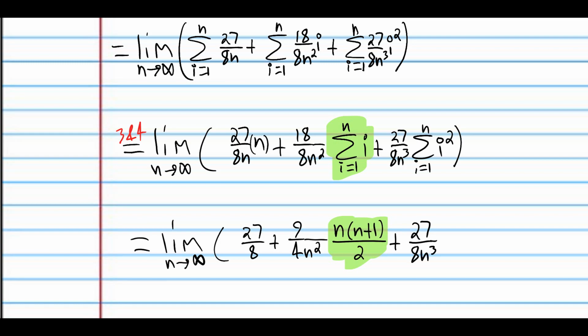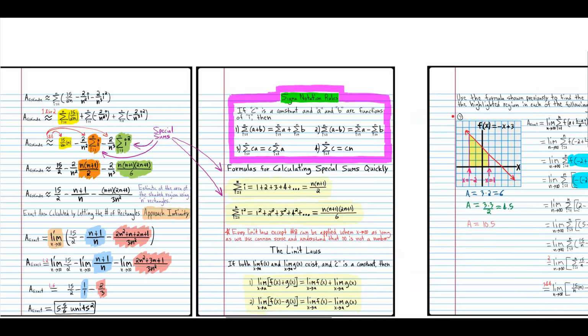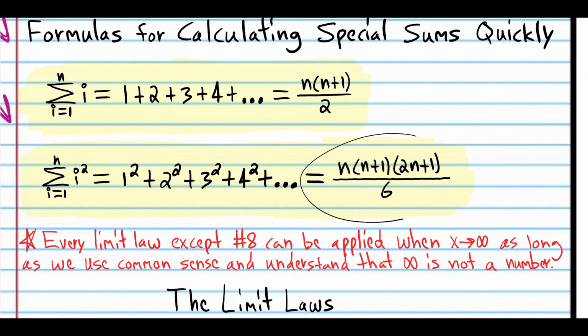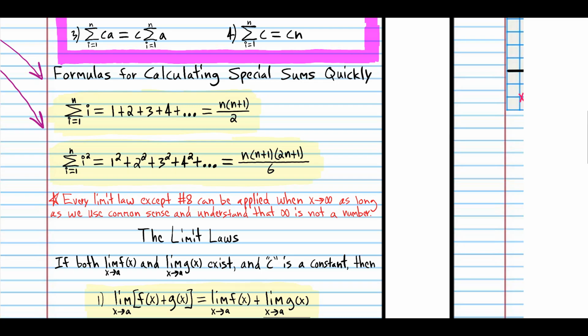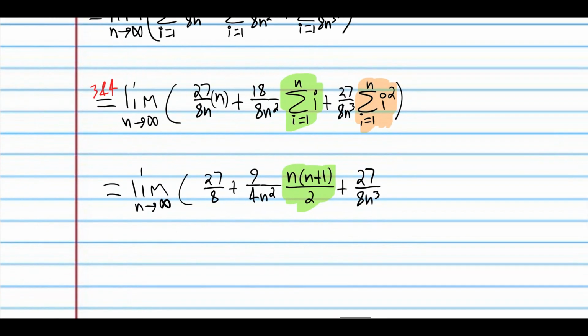And this here, we also have a special formula for that. So recall, we have this formula here. So I'm going to plug that in. So we have n times n plus 1 times 2n plus 1, and that's all over 6.